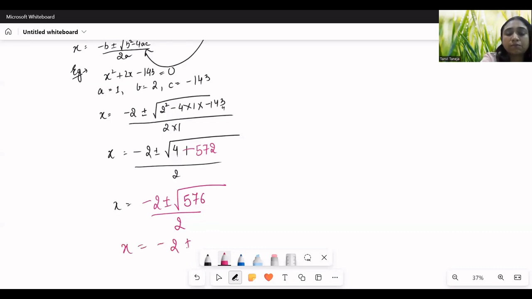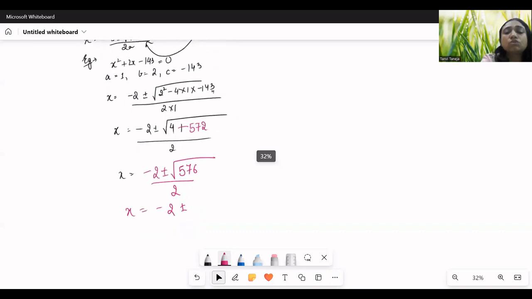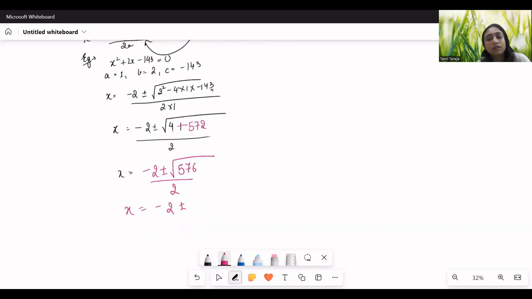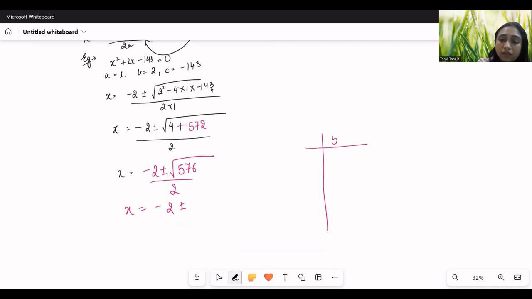Minus 2 plus minus, now what is the root of 576? There are two methods to calculate the square root. If you are not aware, I'm going to write it here. I'm going to solve the root of 576 by the prime factorization method.